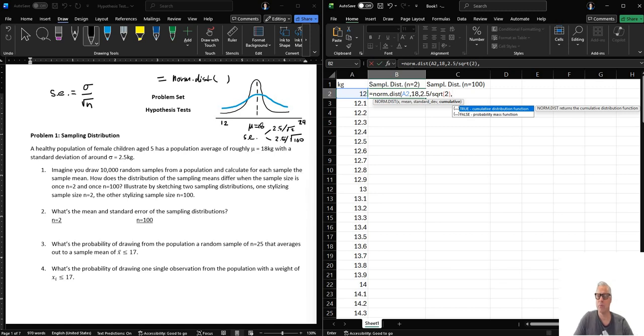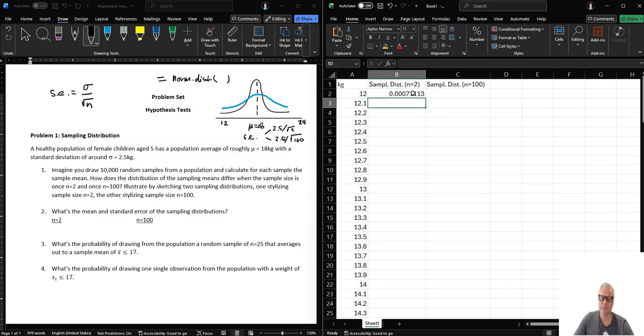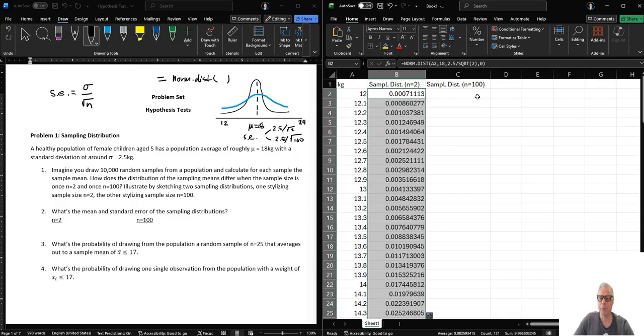And now you don't want the area to the left of 12. You want basically the y-axis value. So we have to put false or 0. Okay, so now, as predicted, we get a pretty small number. We can copy down that formula.